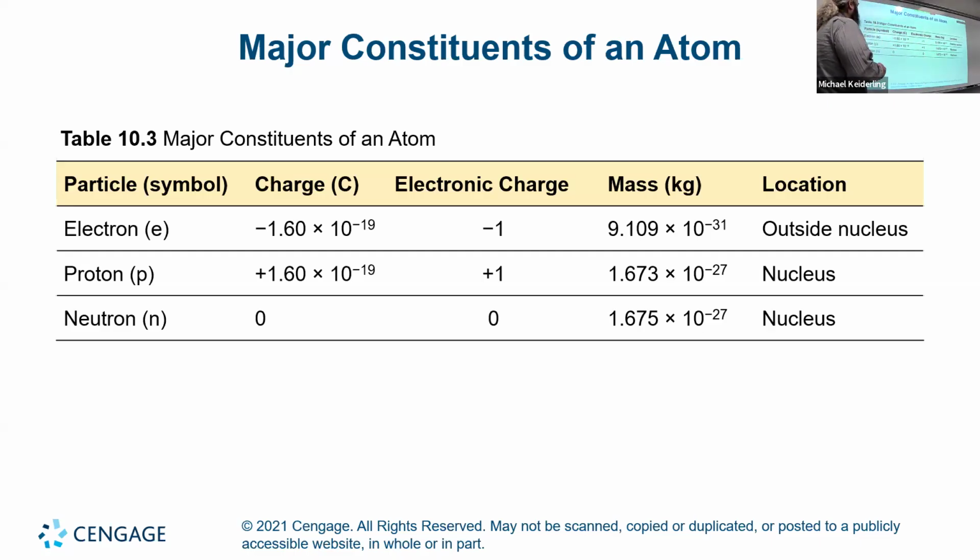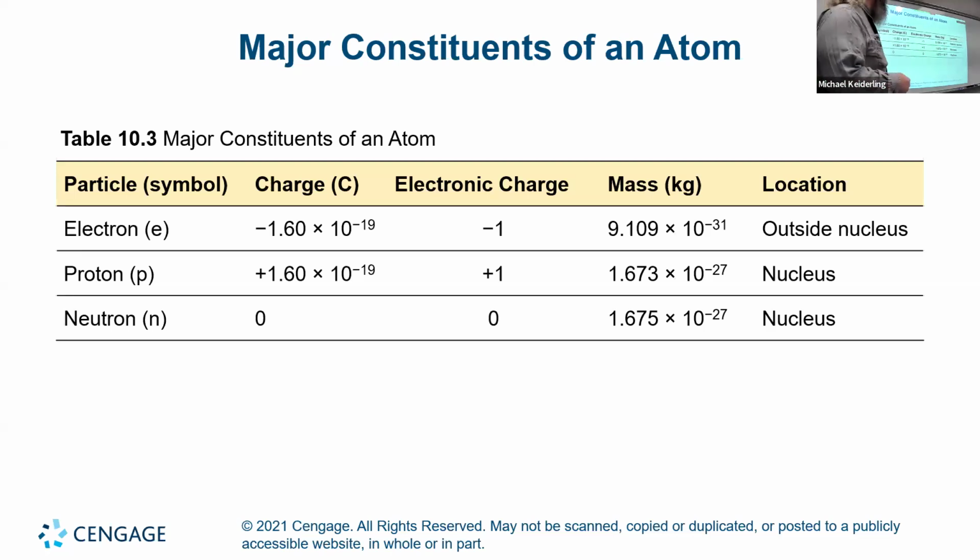Protons have a charge of plus E, or plus 1.6 times 10 to the minus 19 coulombs. So they have an electronic charge of plus 1. Their mass is 1.63 times 10 to the minus 27 kilograms. So these are about 2,000 times the mass of electrons.